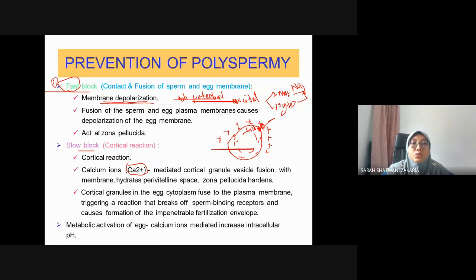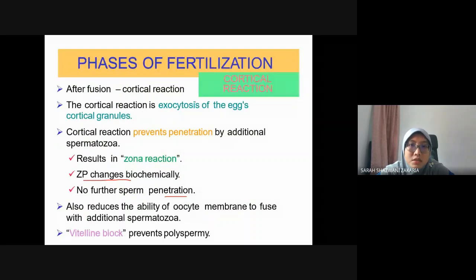It occurs due to membrane depolarization, the membrane potential disturbance, due to, if I'm not mistaken, calcium explosion. The slow block of polyspermy prevention is the cortical reaction. So we go back to the cortical reaction just now.